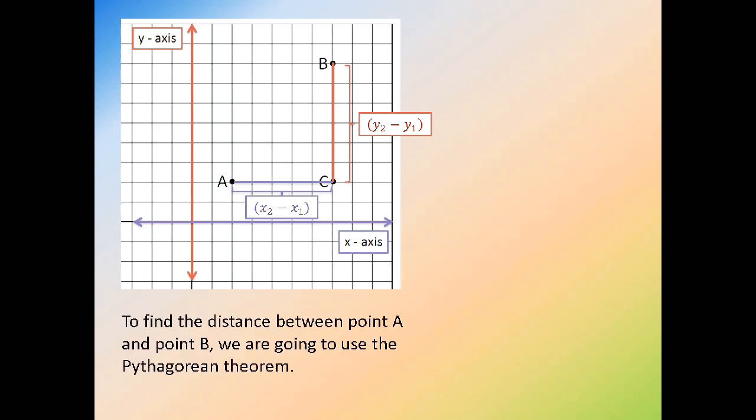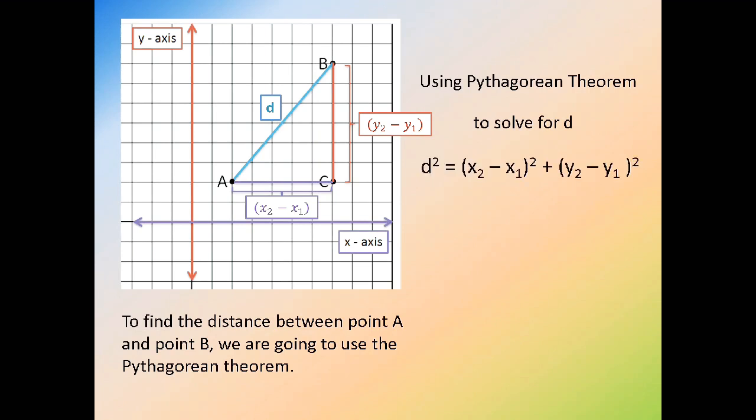To find the distance between A and B, we are going to use the Pythagorean theorem. So d squared is equal to the square of the difference x sub 2 minus x sub 1 plus the square of the difference y sub 2 minus y sub 1.